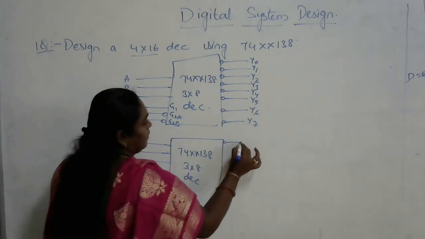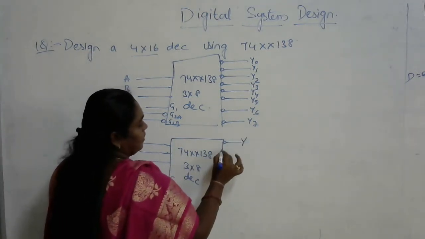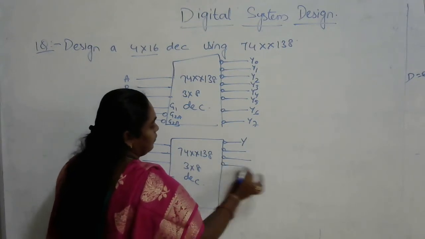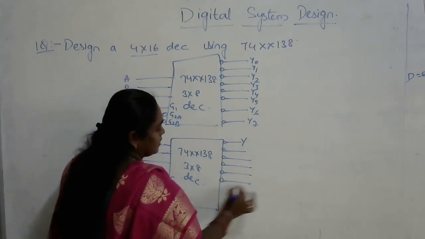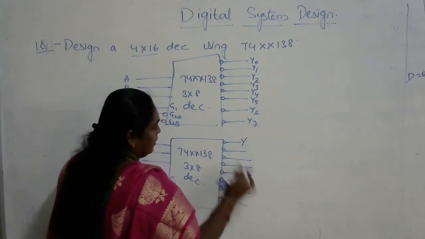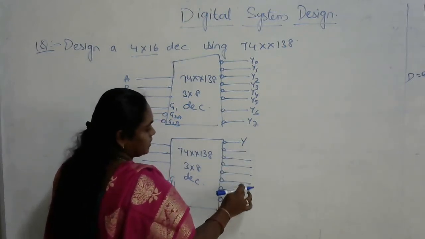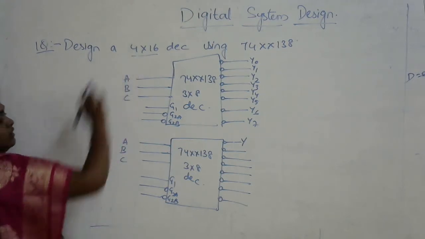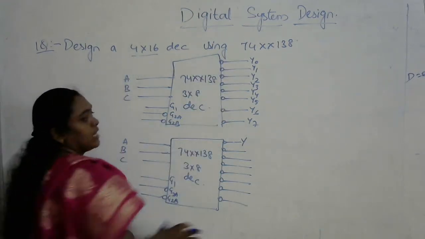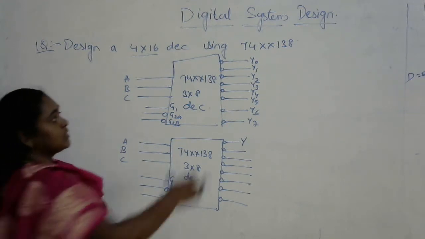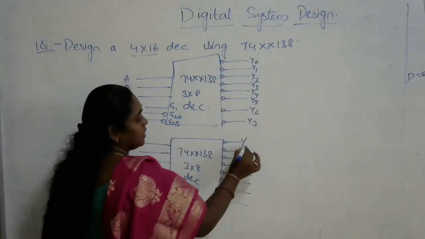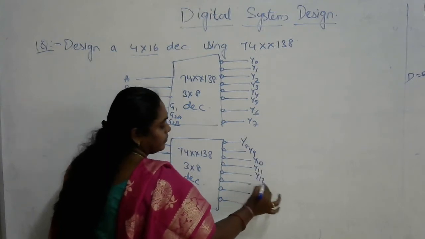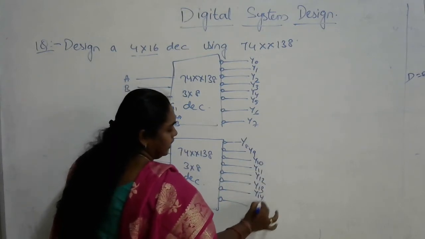And we have 8 outputs, Y0, Y1, Y2 till Y7, that is 8 outputs. Now, as I am saying it is 4 by 16, I have satisfied the condition of outputs, that is 0 to 7 for the first decoder, and 8, 9, 10 till 15 for the second decoder.